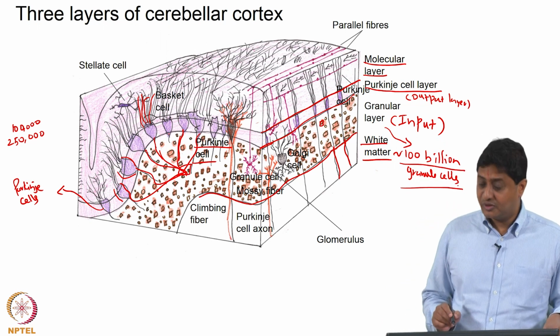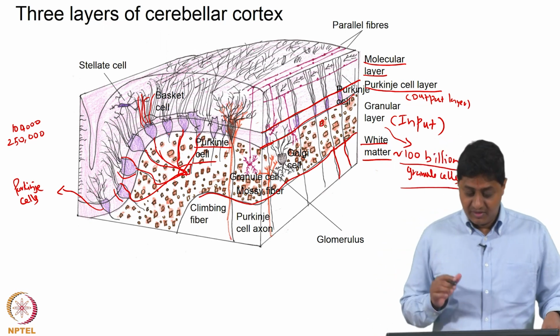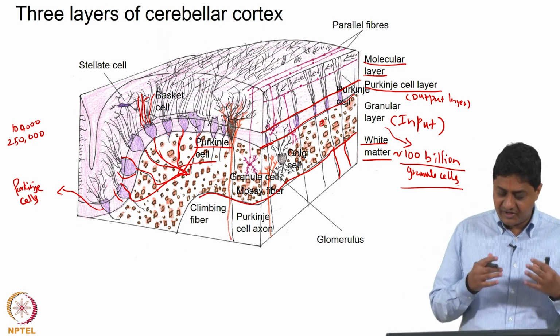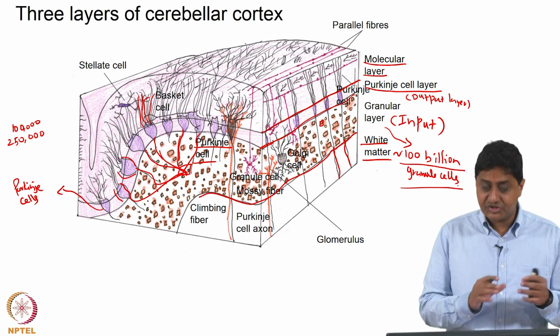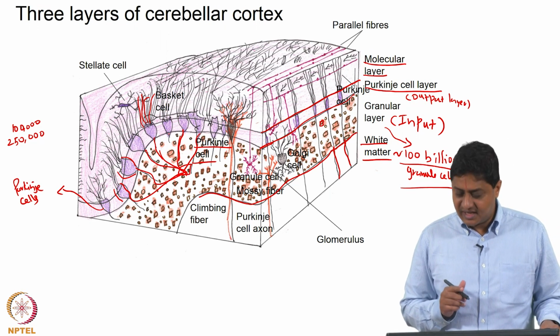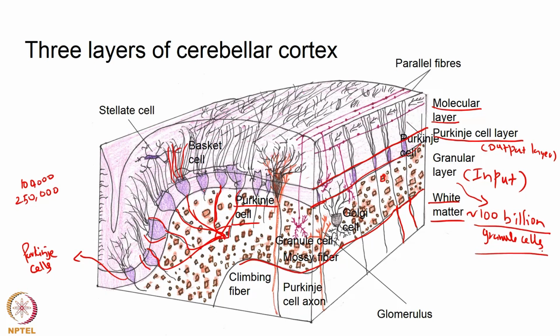I am going to be throwing out such large numbers, so please be cautious in interpreting them, and please verify, read them and understand and make sure that you get the numbers correct. These granule cells, their axons ascend upwards and then proceed perpendicular to the dendrites of the Purkinje cells. But then we have 100 billion granule cells.